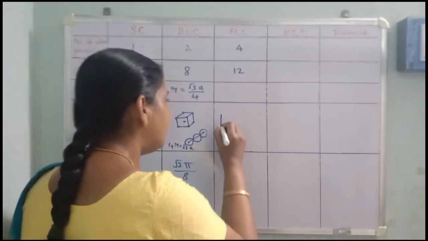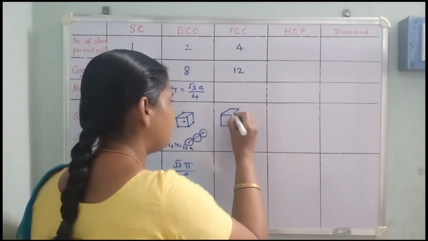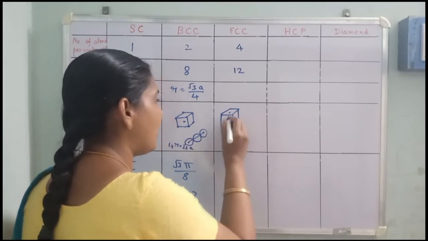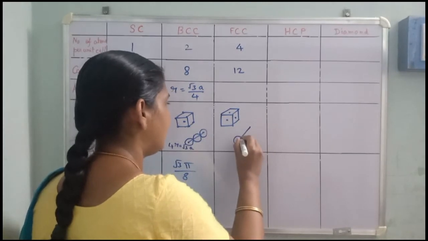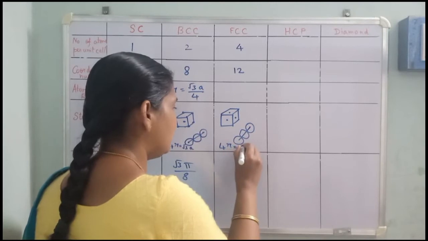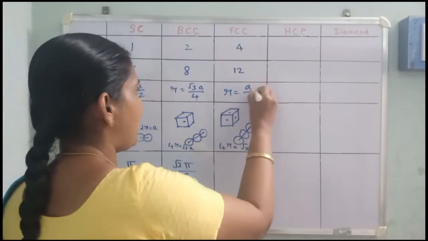To calculate the interatomic spacing, we will be using the face diagonal, because there are 4 atoms along the face diagonal. Here 4r would be equal to root 2a, which means r is a by 2 root 2.